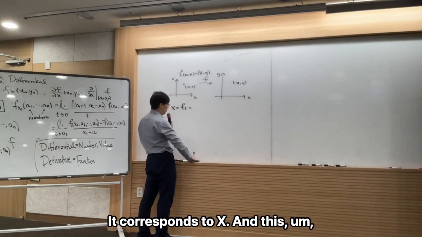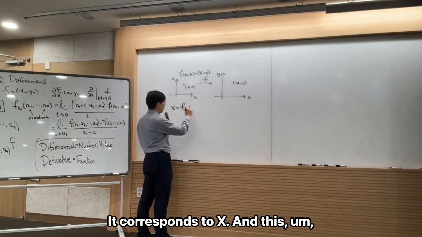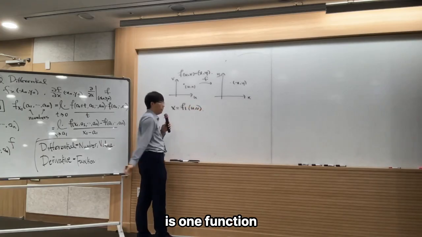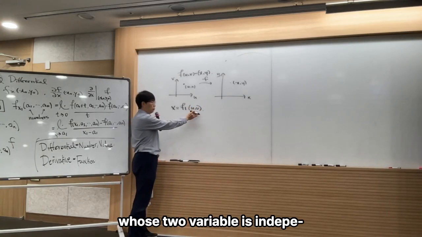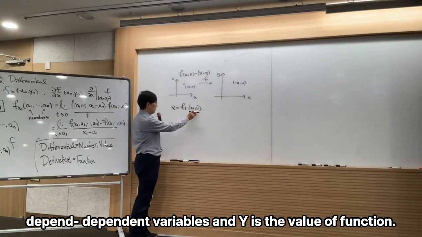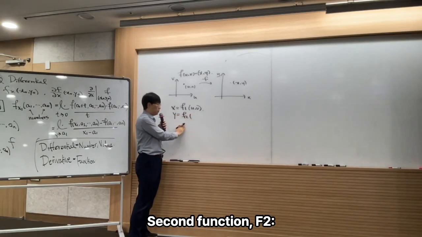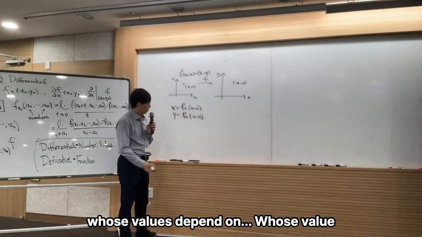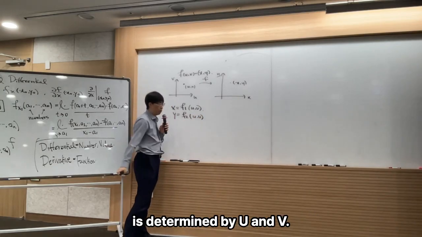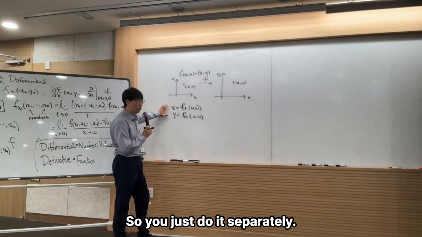This is one real-valued function whose independent variables are u and v. And y is the value of a second function f2, whose value is determined by u and v. So you just do it separately.